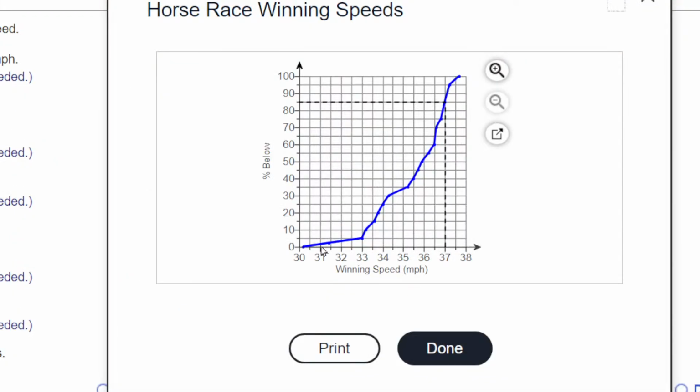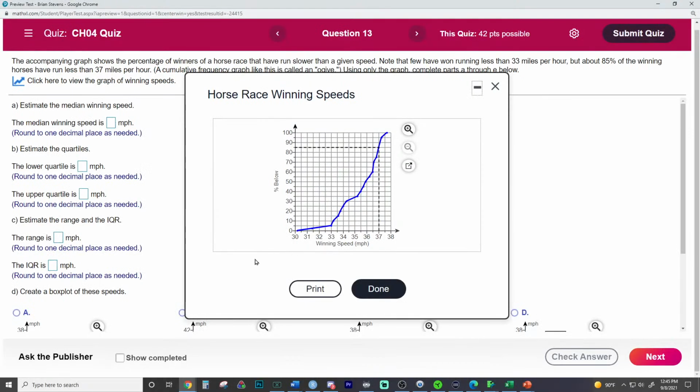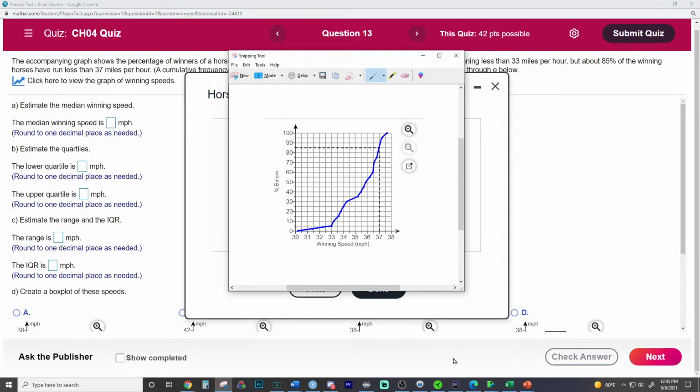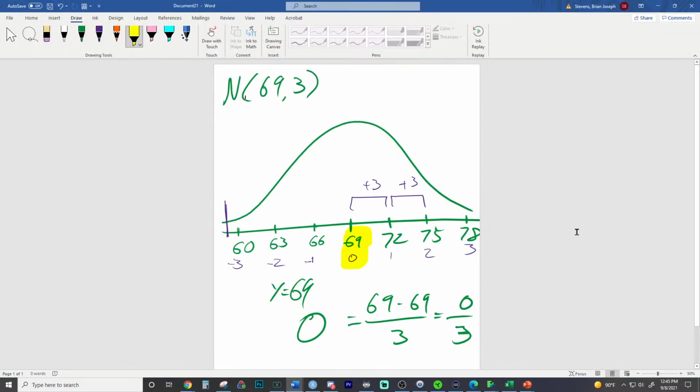Okay. So what the Ogive is giving you is the percentage at certain points. If I were to go right here, let's take a screenshot of it. Let's zoom in on this. I'm going to start drawing on this to make it more clear.